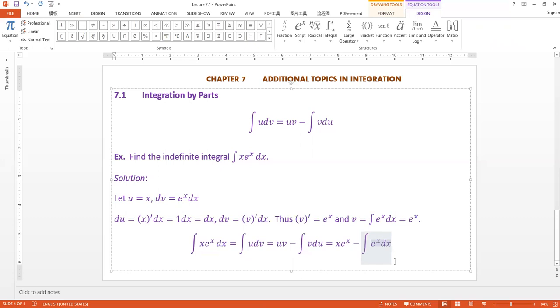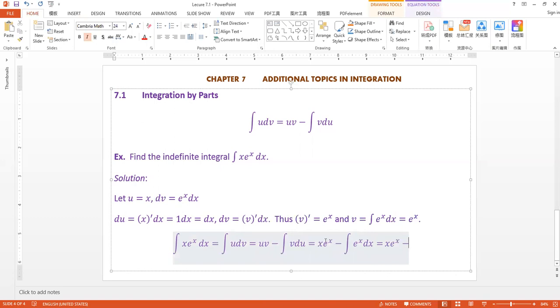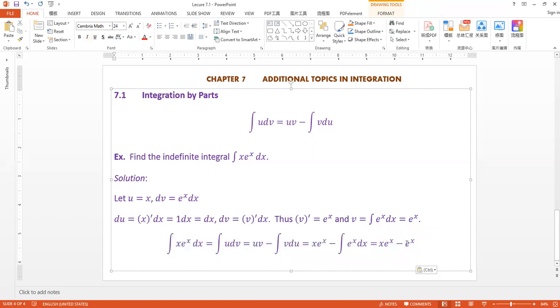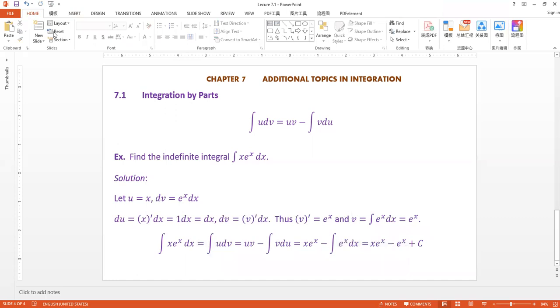So everything becomes pretty straightforward now. The first term, x e to the x, we don't change. And then we integrate e to the x. Don't we get e to the x itself? Now we add the arbitrary constant at the end. That will be the final answer.